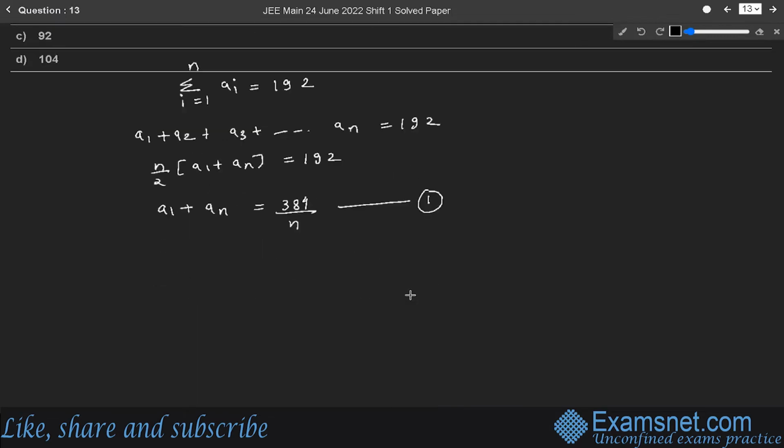Now, one more thing is given in the question, which is summation of i is equal to 1 to n by 2, a_2i is equal to 120. So, a2 plus a4 plus a6 plus so on up to an is equal to 120. Here, total n by 2 terms are present.